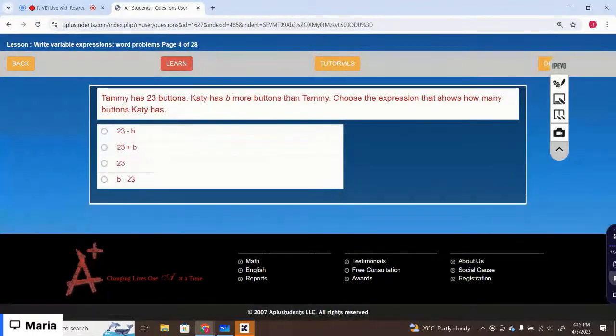Tammy has 23 buttons. Cathy has B more buttons than Tammy. Choose the expression that shows how many buttons Cathy has. So 23 more means she has 23 plus B. Option number two is the correct option.